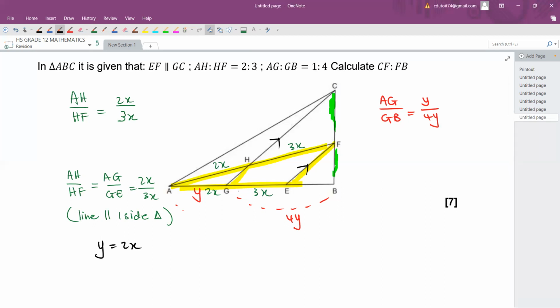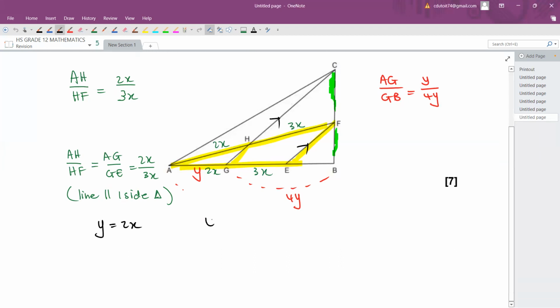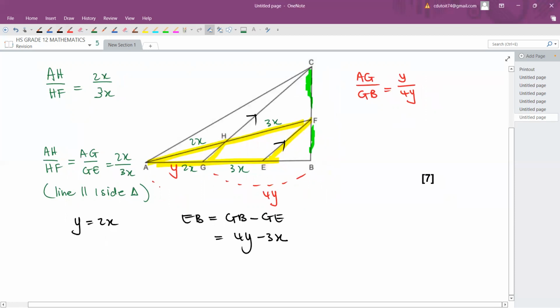Okay, now I just need to get the EB part. Can anyone see the length of EB? EB equals GB minus GE. And that is 4y minus 3x. So I've got the length of EB. So now I can use this green triangle that I wanted to use right at the beginning.